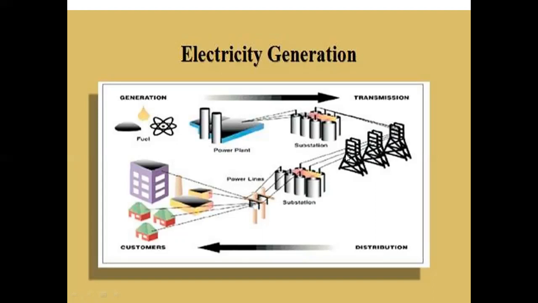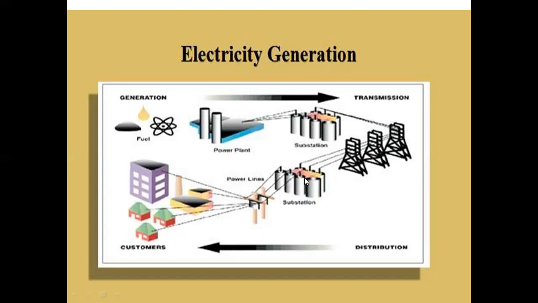Here you can see. Because there will be a huge distance between the generation and the distribution side, the power will be transmitted using transmission towers, based on the distance to be covered. Once the power reaches the substation, the power will be distributed.